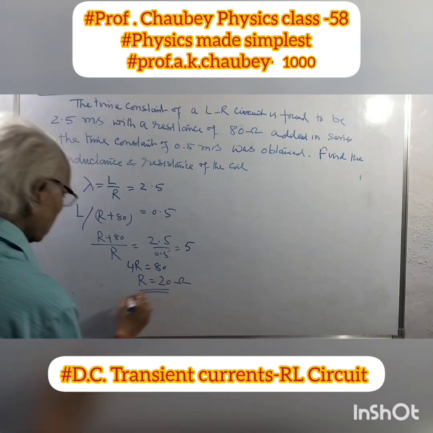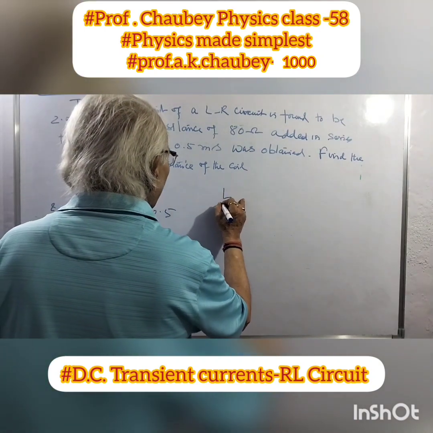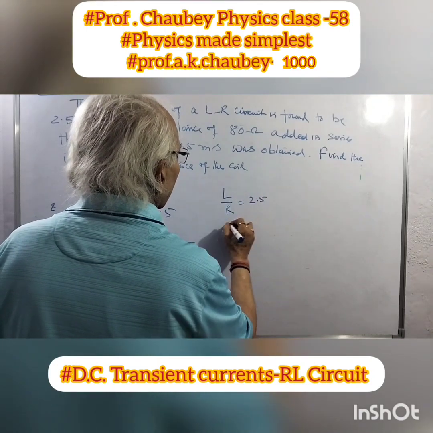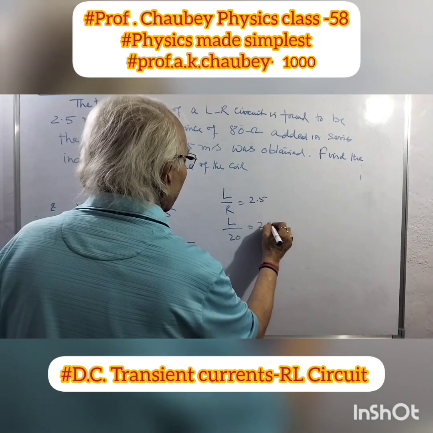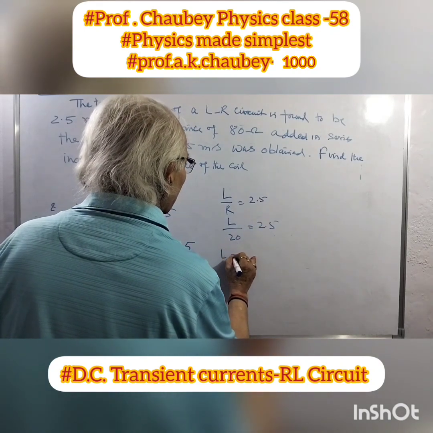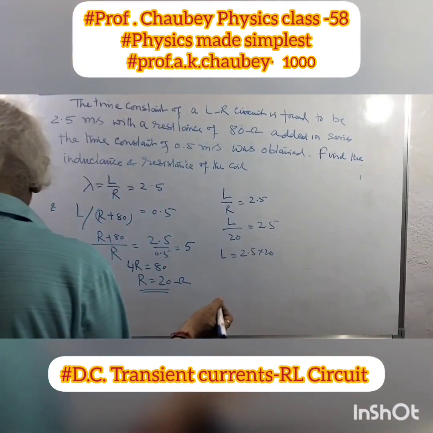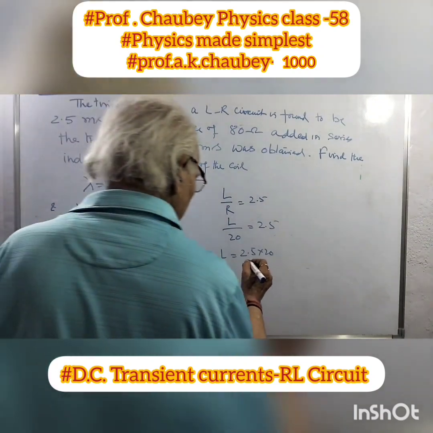So R you get 20 ohm, and now find out L. L over R is 2.5, so L over 20 is equal to 2.5. L is equal to 2.5 into 20, so that gives you about 50.